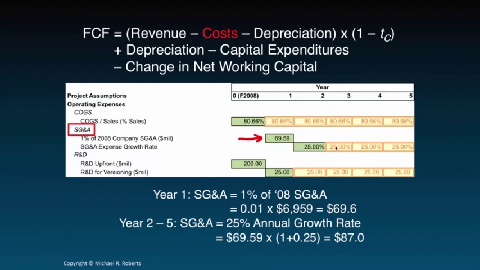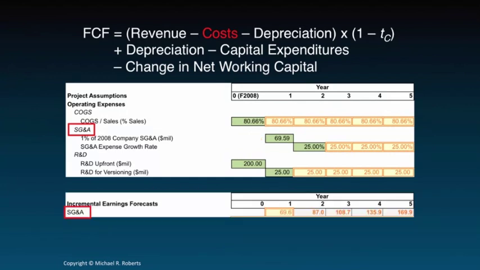But going forward in years 2 through 5, we're going to assume that SG&A expense grows at 25% per annum. So to get year 2, for example, we start with our $69.59 million expense in year one, and we compound it up by 25% to get an estimate of $87 million for our second year SG&A expense. And if we continue with that 25% annual growth, we're going to get an actual SG&A series here.